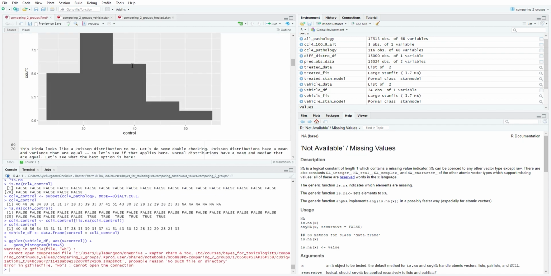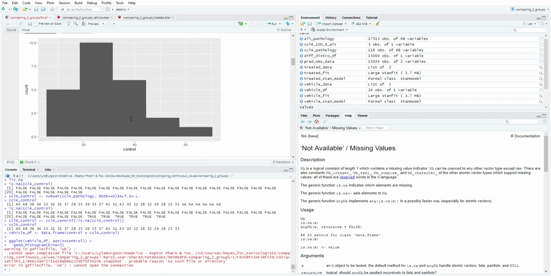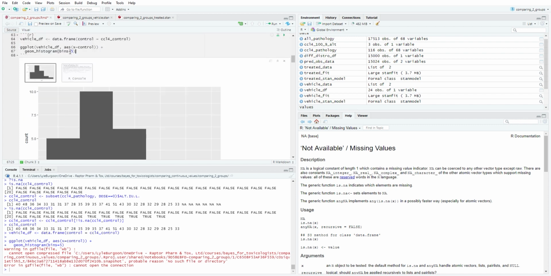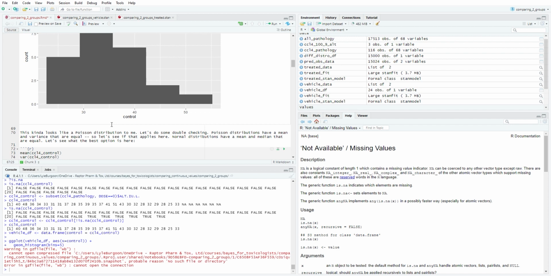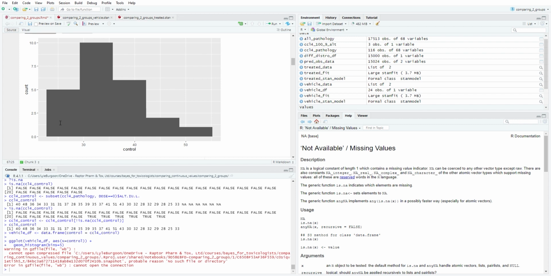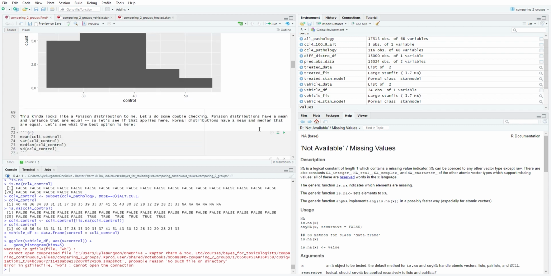But here you go. Here's the histogram that I have for control. And you can see it kind of has this long tail over here. And this is really because of the number of bins I'm using. It'll look different if I were to change that, but it kind of looks like a Poisson distribution to me, because Poisson distributions tend to do this with this really long rightward tail.